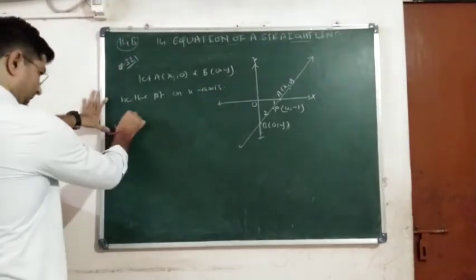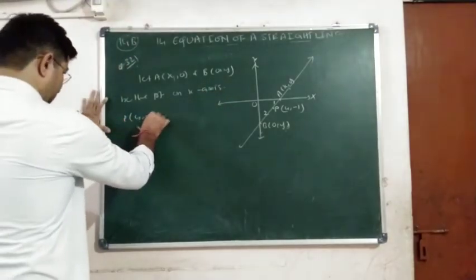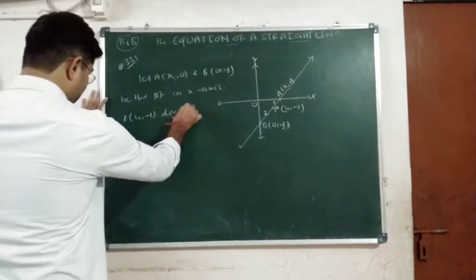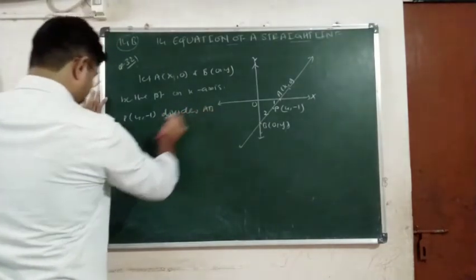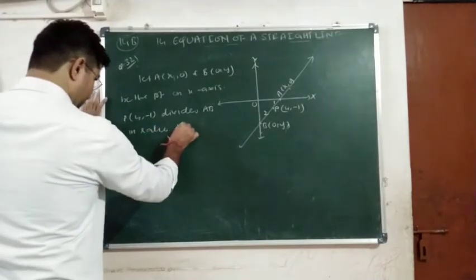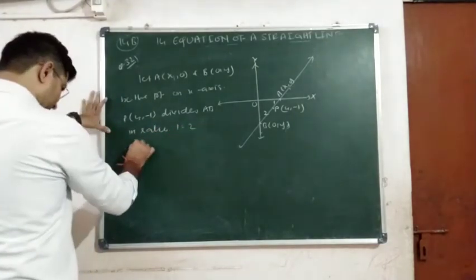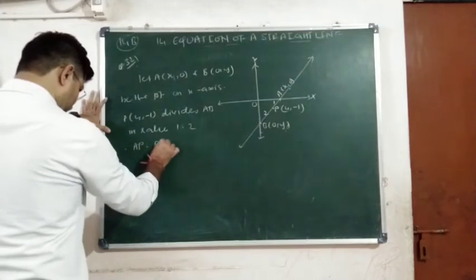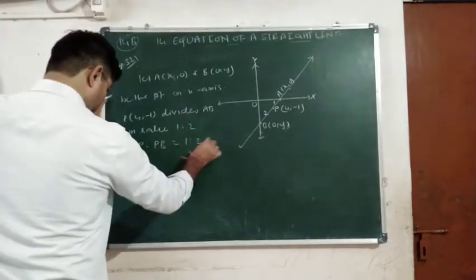Now point P (4, -1) divides AB in the ratio 1:2. So we are given AP is to PB is equal to 1:2.